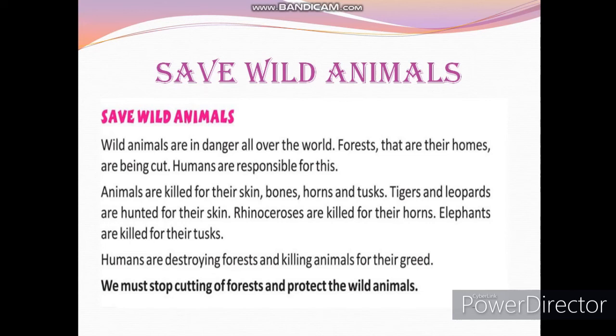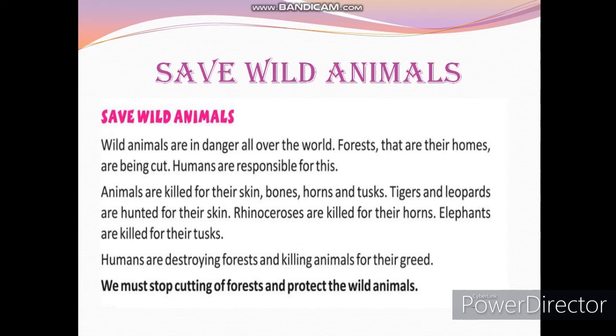Animals are killed for their skins, bones, horns and tusks. Tigers and leopards are hunted for their skins.